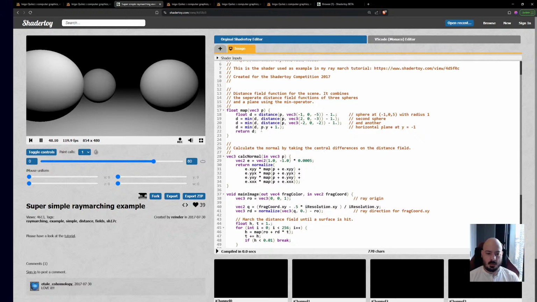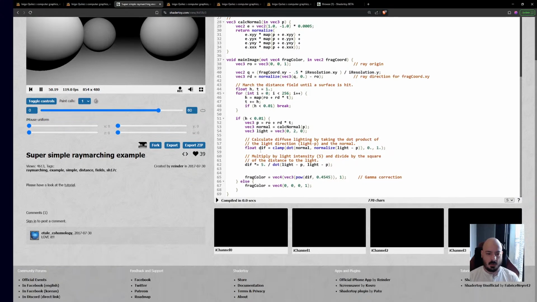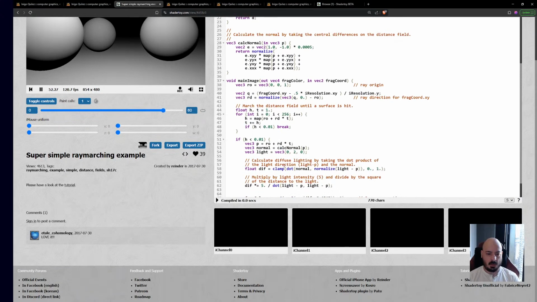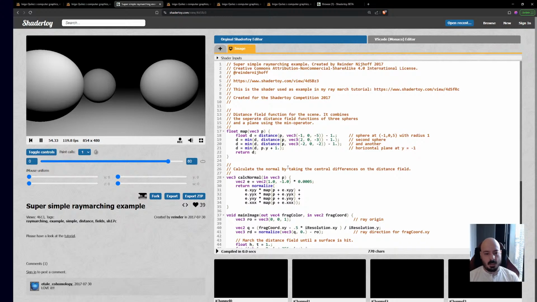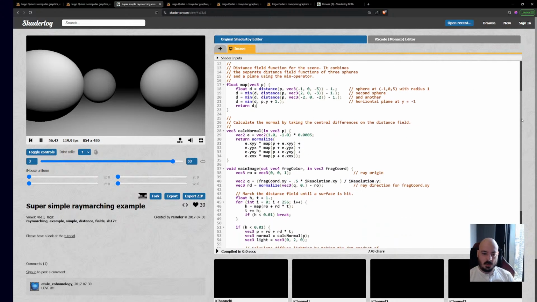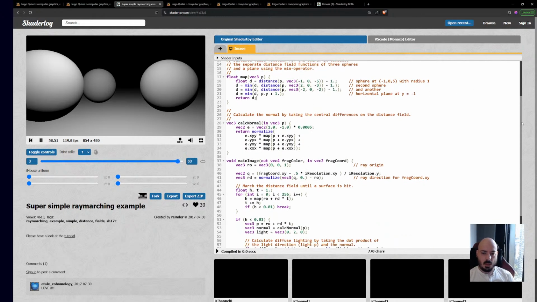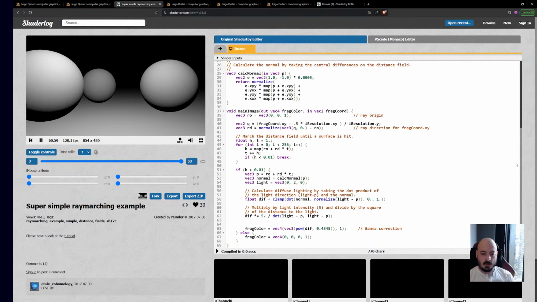All right, and then calculate the normals. Oh, that's actually really simple. What? It's going to take me ages to get my head around this because the code is so simple, but it doesn't make sense, if that makes sense. Because if we think about it, what do we got here? What's Q? I don't know what that means, which is not useful.